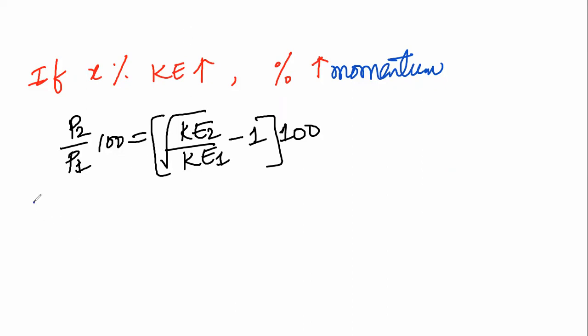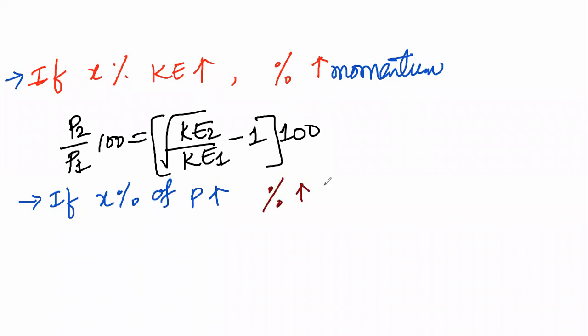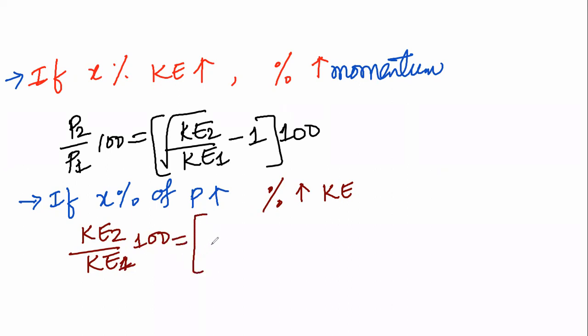Instead of that, if x percentage of momentum is increased, then the percentage of increase in kinetic energy is KE2 divided by KE1 into 100, which is equal to (P2 divided by P1) whole square minus 1, into 100.